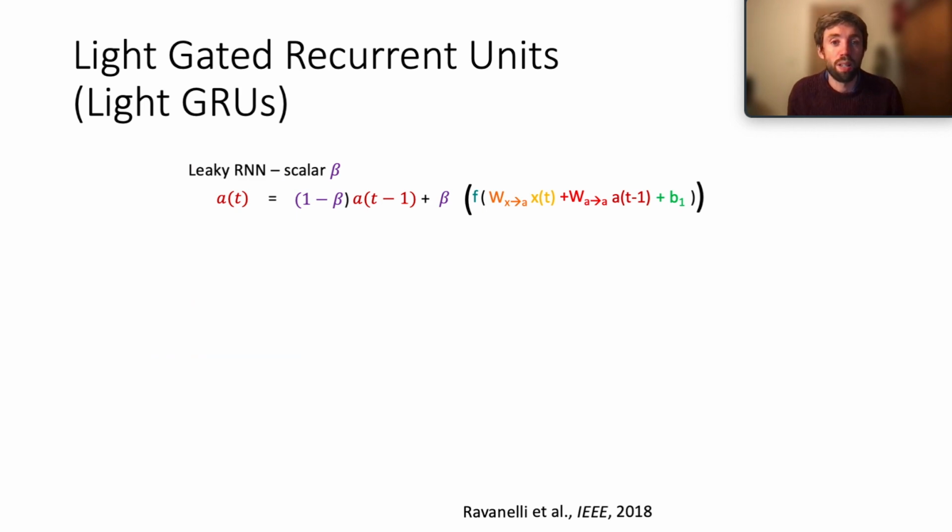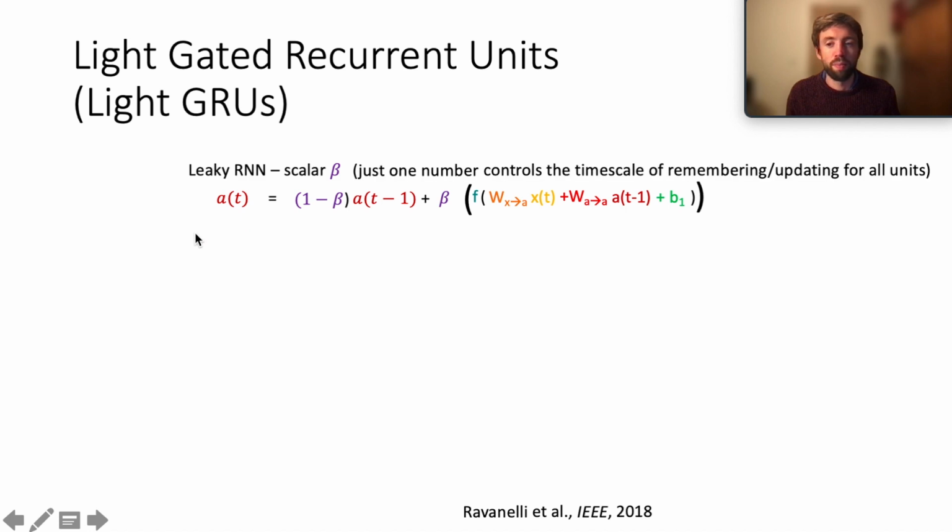So the first new model that we're going to encounter in this video is the light GRU, or light gated recurrent unit. We just went over the leaky RNN equation, and here we saw how a scalar value beta essentially gates or decides how much of the old information is retained and how much new inputs update the value of the activity.